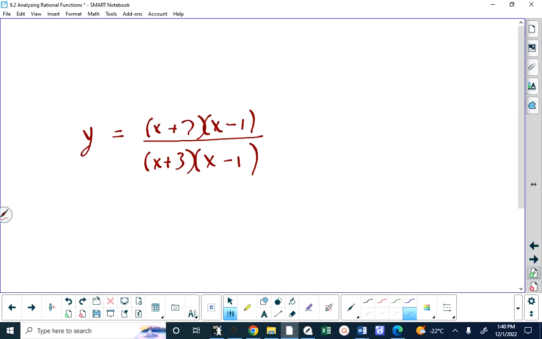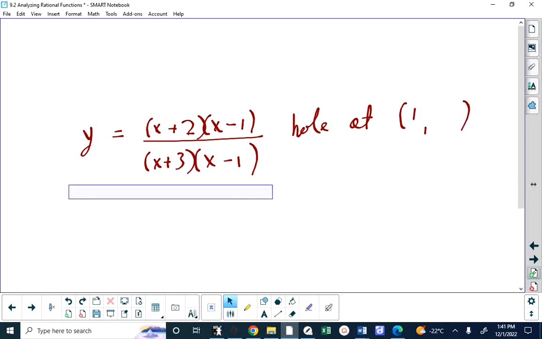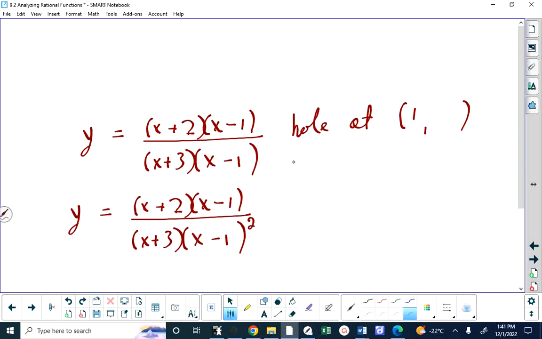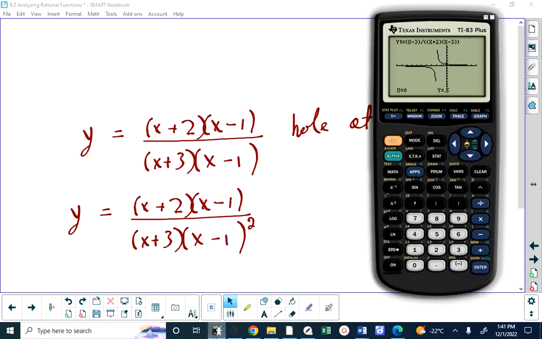What about this one? It's still non-permissible, I've got x minus 1 in the denominator. Will it be a hole? I guess we could graph it. What's your thinking here? It's going to be an asymptote because only one of them cancels? Let's see if that is true.